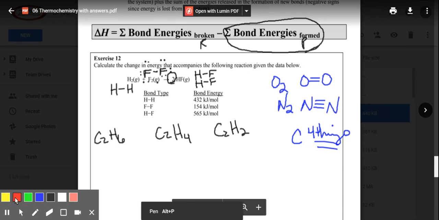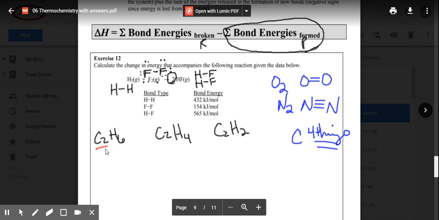So C2H6, what that's going to look like. When you see more than one carbon there, you're always going to stick the carbons together. So there's going to be a carbon attached to another carbon here. The next thing that you do is you distribute these hydrogens evenly to each carbon.